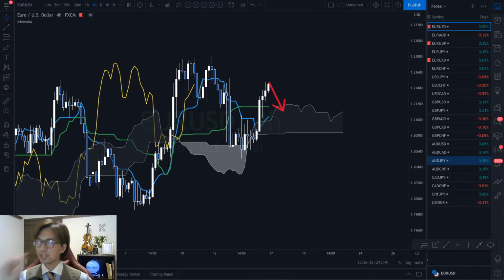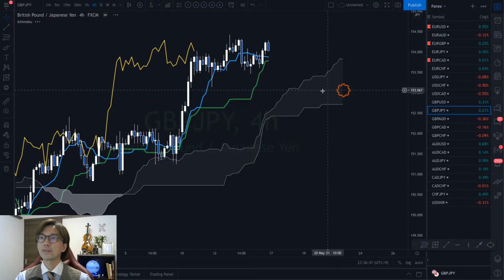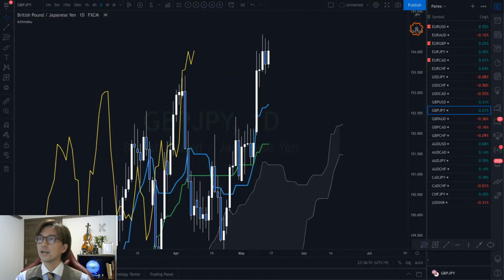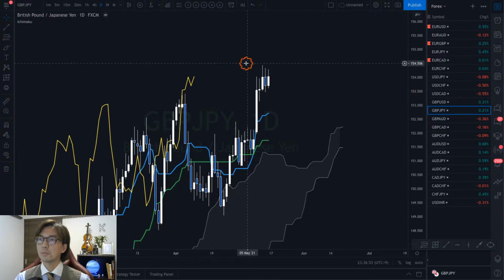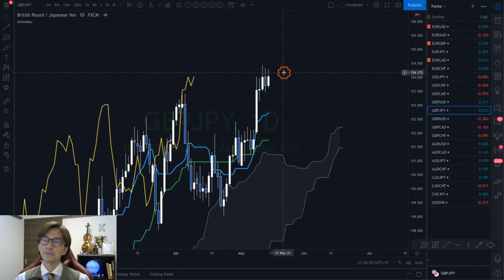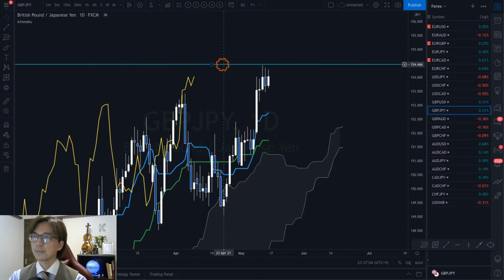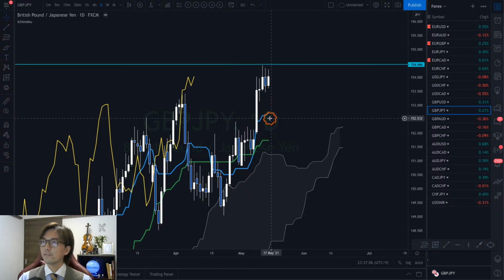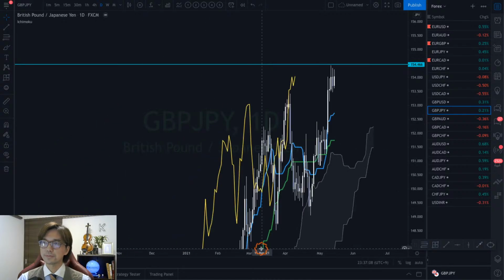Dika says pound JPY. All right, so pound JPY. In the daily chart, the Kijun Sen is flat, but the price is above Tenkan Sen, Kijun Sen, and Kumo. So this is bullish, I would say. The market can still go up afterwards, but let me see if there's any previous high at this 154.46 level.